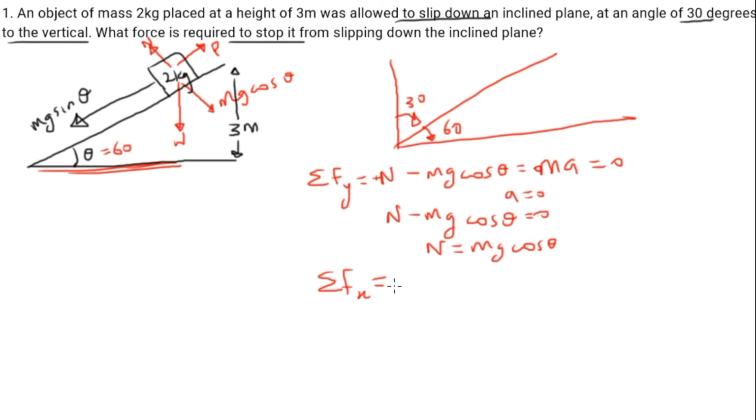The force along the direction of motion that we desire is P. So the force that is opposing it is mg sine theta. And of course, that's supposed to be equal to ma.